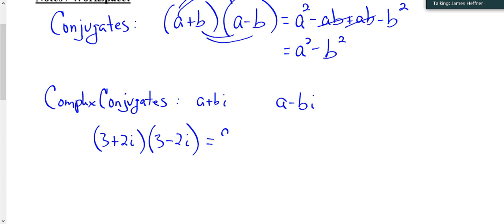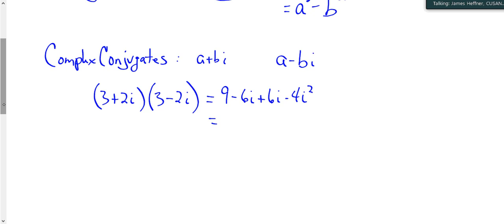So it would be 9, right? Minus 6i plus 6i, minus 4i squared. What happens to the negative and positive 6i's? They cancel out. And gone.